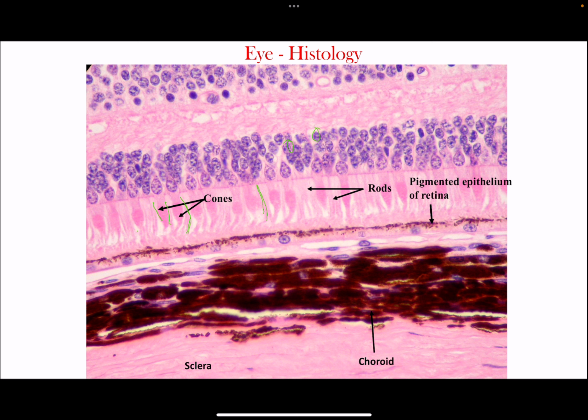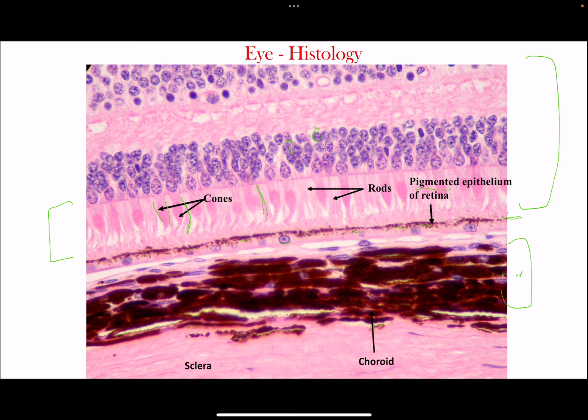This is the neural layer. This is the pigmented layer of the retina. There are two different types of layers, neural layer and pigmented layer. You would be seeing pigmented epithelium here. Don't confuse this one with this one and this. This is the choroid, blood vessel.